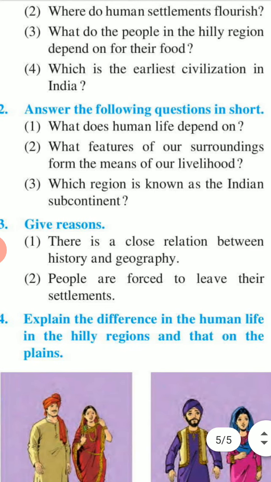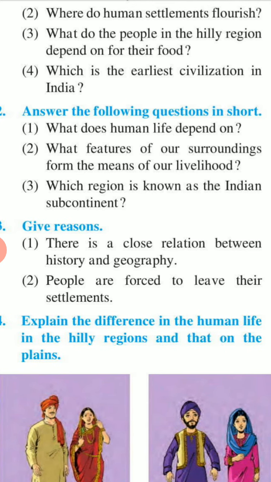The second question is, answer the following questions in short. First, what does human life depend on? What features of our surroundings form the means of our livelihood? Which region is known as the Indian subcontinent? And the third question is, give reasons.